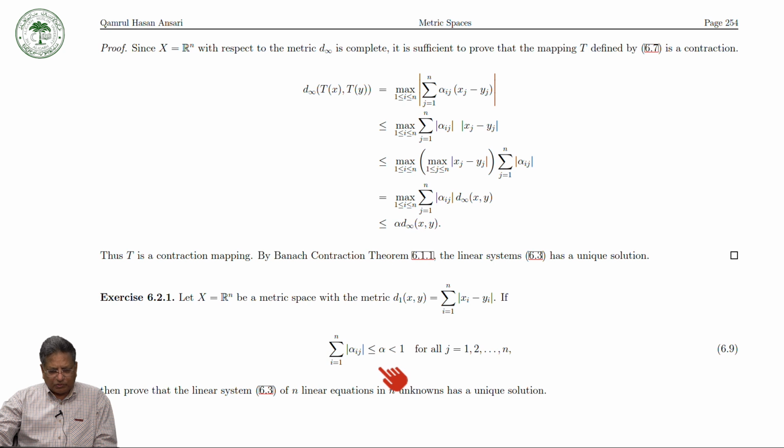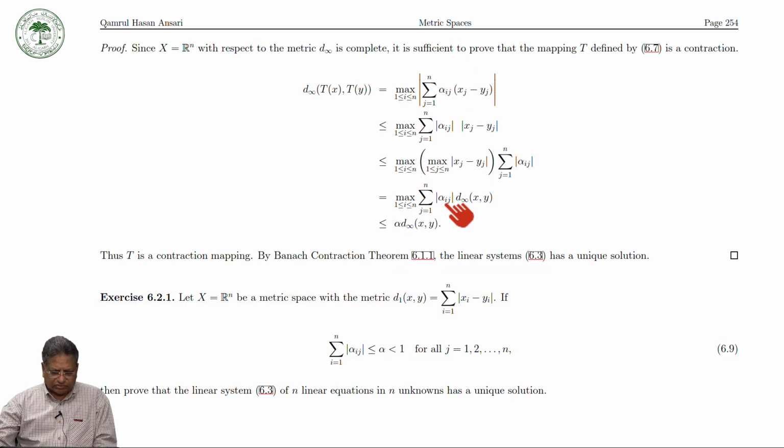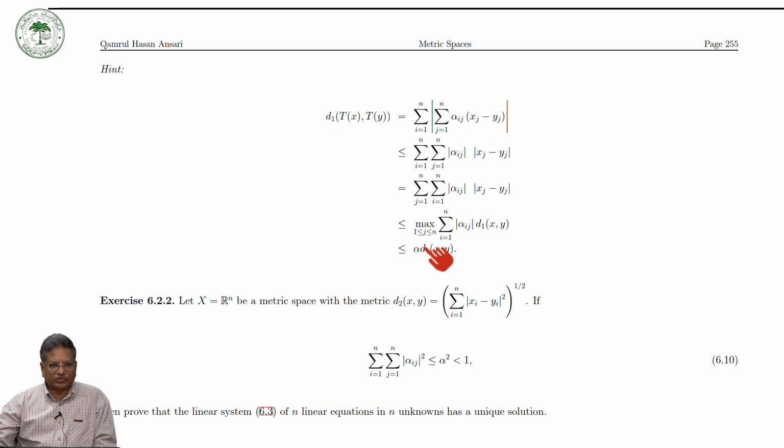Again, you will have to prove that the T defined as Tx equal to Ax plus B is a contraction. You can prove this in the same way as we have proved before, and that's why I have left it for your exercise. Here you can write this as the modulus of this, and then again you can write it in this way, and you will get this.